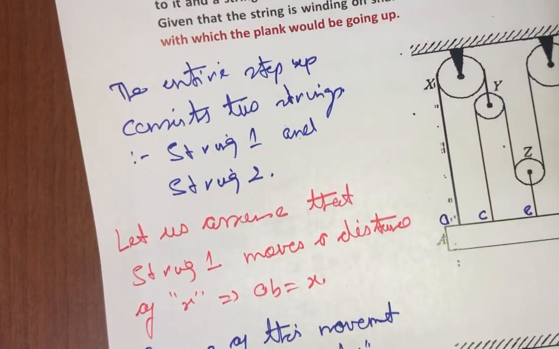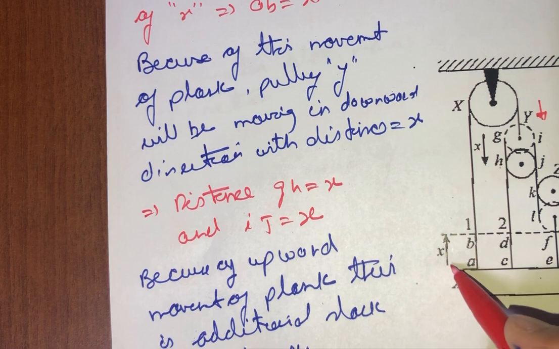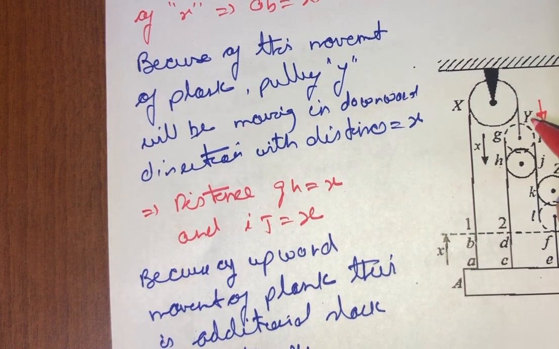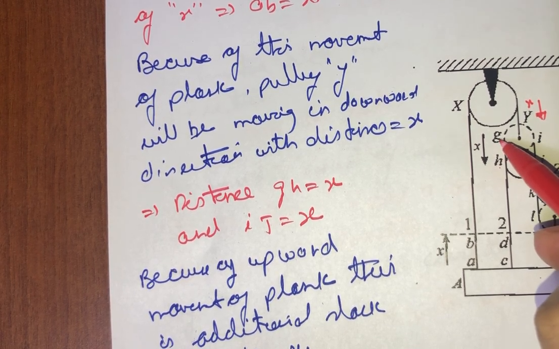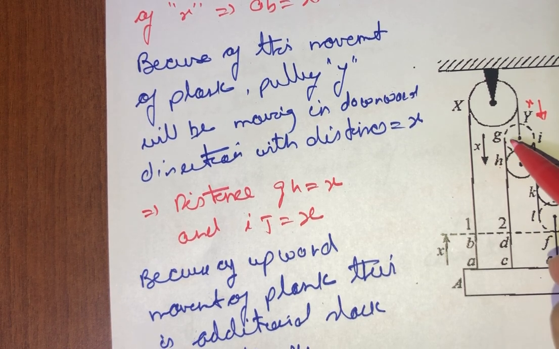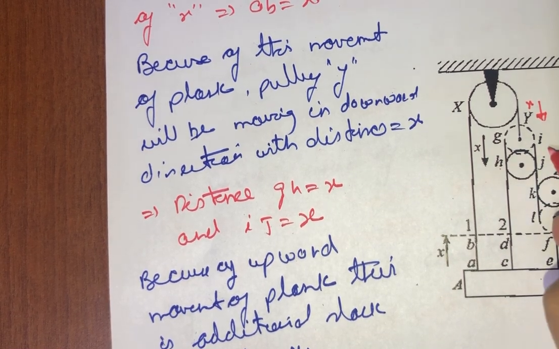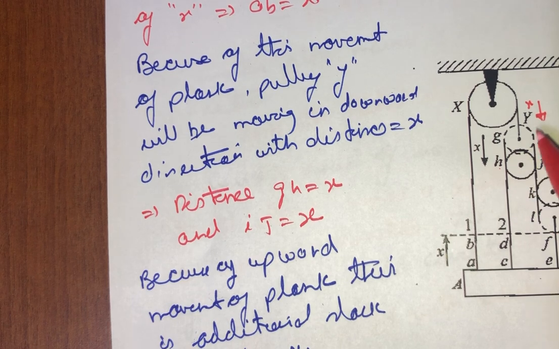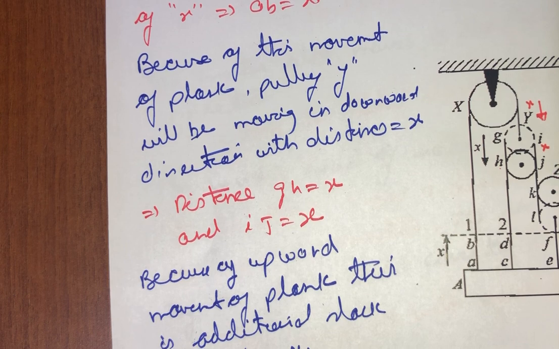So this is the final answer. Basically it means in the first case we said that the plank rises by a distance AB which is equal to x, and the entire pulley Y will be moving in the downward direction by x, and this will give rise to a distance x on the left side of pulley Y as well as x on the right side, so the total will be 3x.